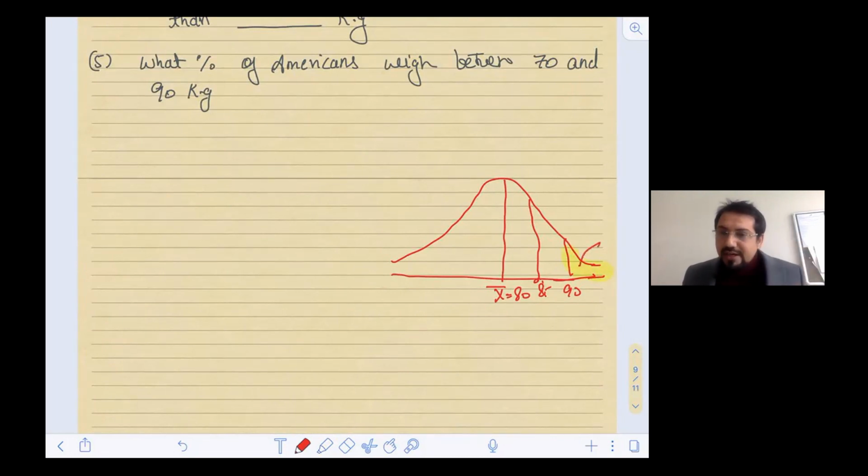So we know already that the half area is 50%, this area is 34%, and this area is 13.5% according to the empirical rule of probability distribution. So how much area is left? This is basically 2.35, because the entire area is 1, but the area covered in a normal distribution is 99.7%.